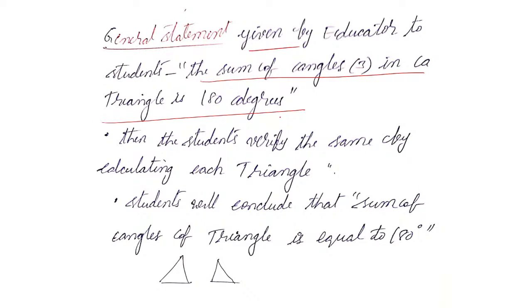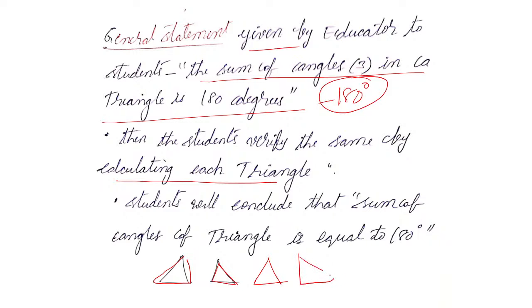We all know this. Then the student will try to find out whether it is true or not. They will verify it by calculating for each triangle: an equilateral triangle, an isosceles triangle, and a right angle triangle. They will try to find out whether it is true or not.